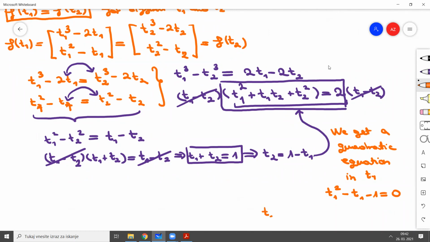So the first solution I will write T1,1. This will be 1 plus square root of 5 over 2. And then T1,2, the second solution, will be the same, only with a minus in the numerator: 1 minus square root of 5 over 2.